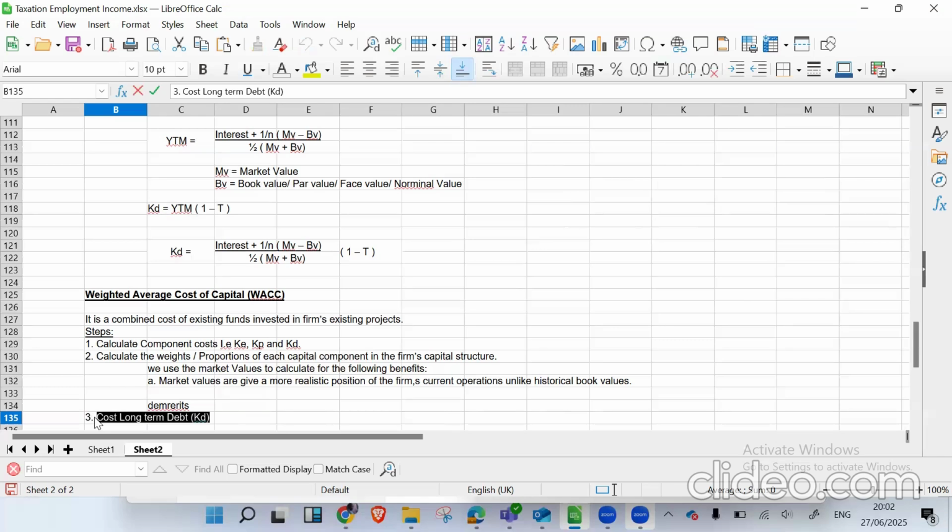Step number 3. So by the way, hapa kwa step number 2, we calculate the weights or the proportions.